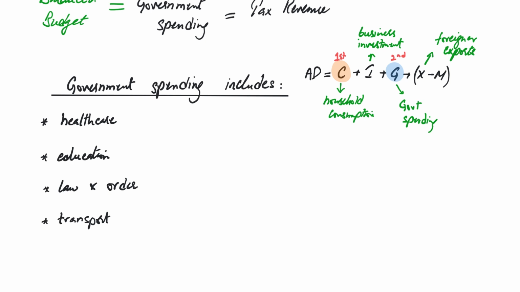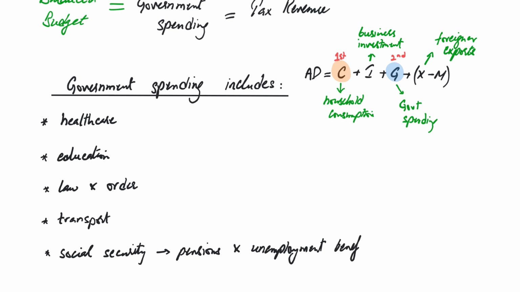Often in countries these are also government run. Then government even spends on social security, like pensions and unemployment benefits, and so on.